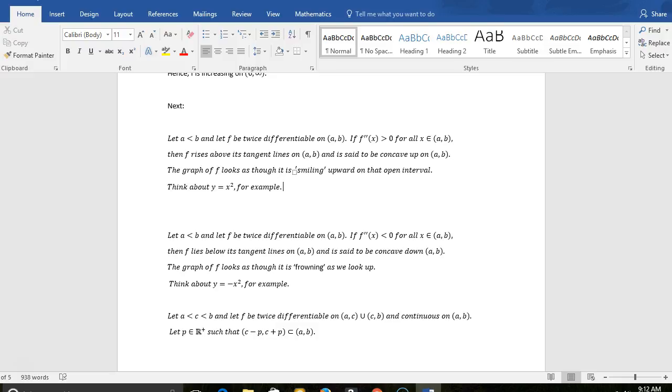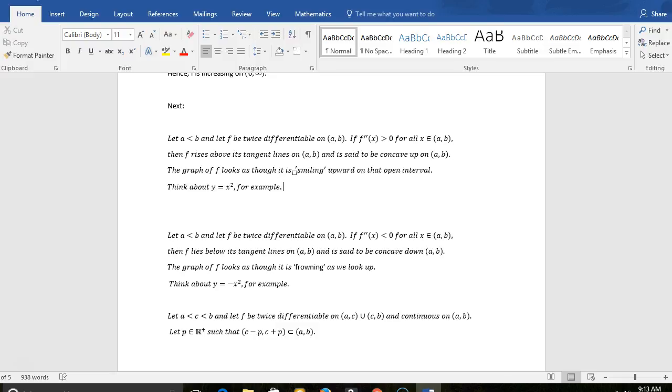To the immediate left of the inflection point, f double prime will be either purely positive or purely negative. It'll be one or the other.